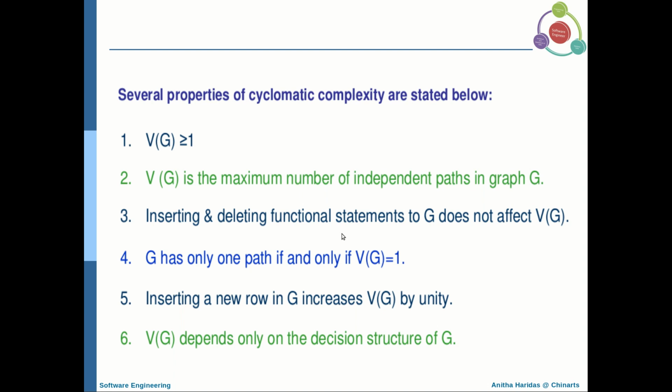Inserting and deleting functional statements in G does not affect the metric value. What do you mean by that? If you add processing statements, this is not going to affect the value of the cyclomatic measure.